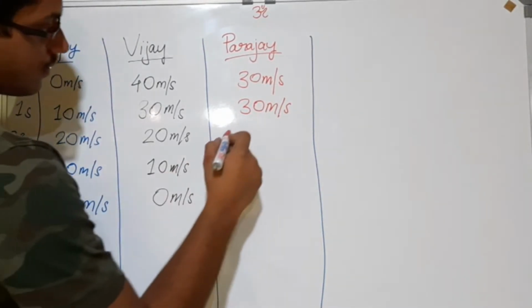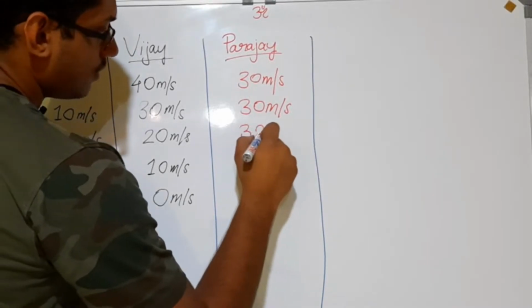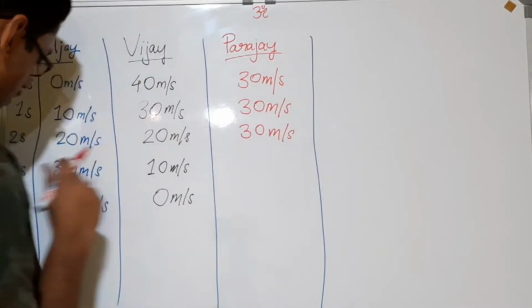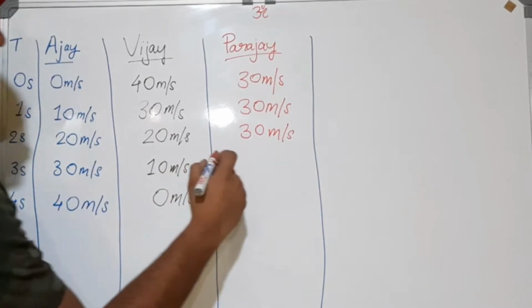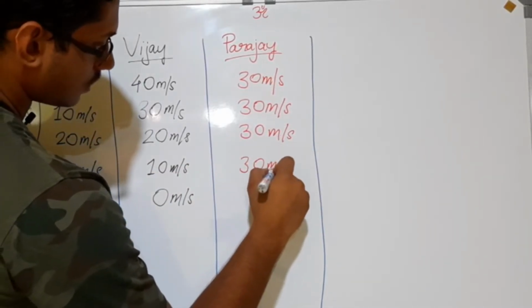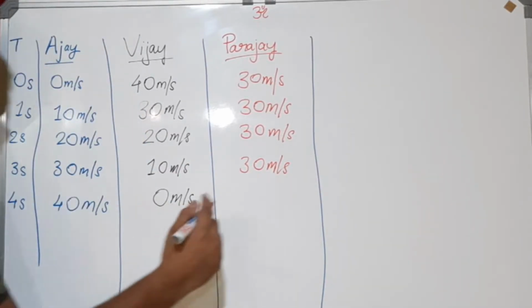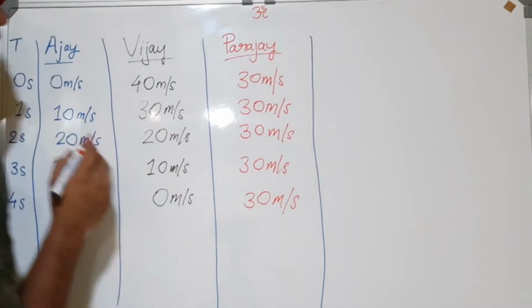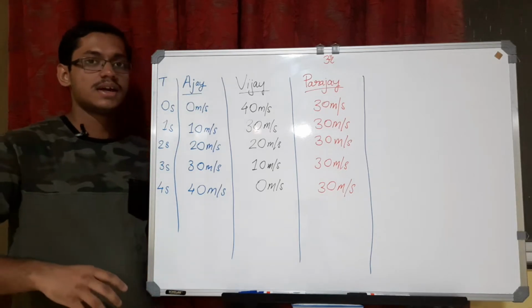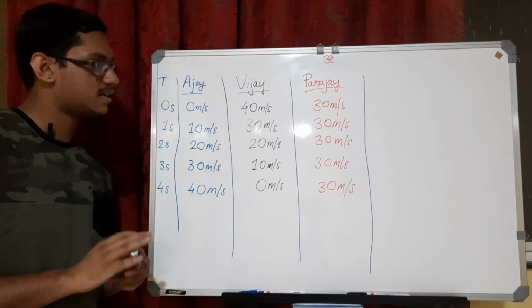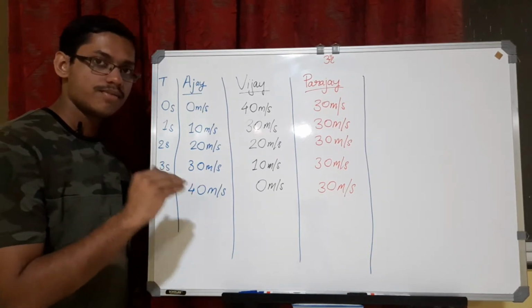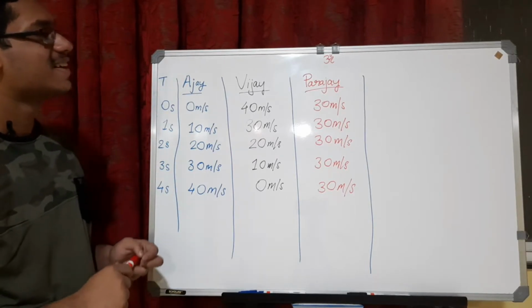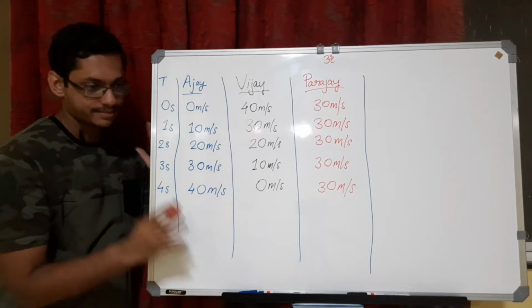Second second, 30 meter per second again. Third, 30. Fourth, again 30 meter per second. He kept riding his bike with a cool head at the same velocity. Okay, so you understood this.